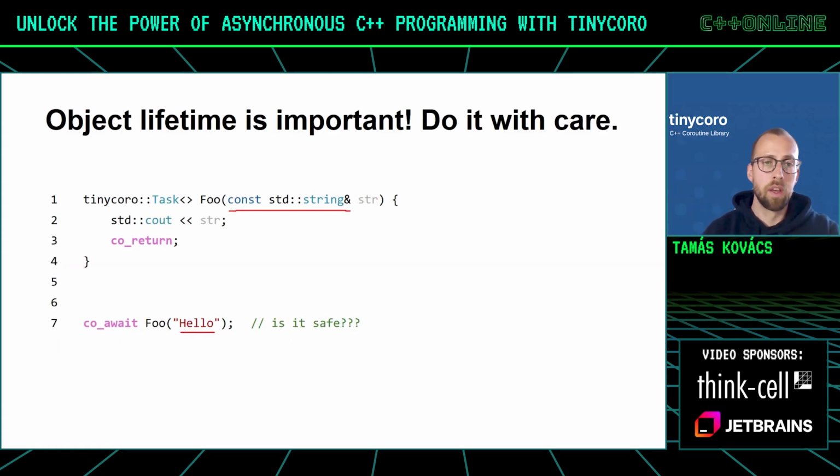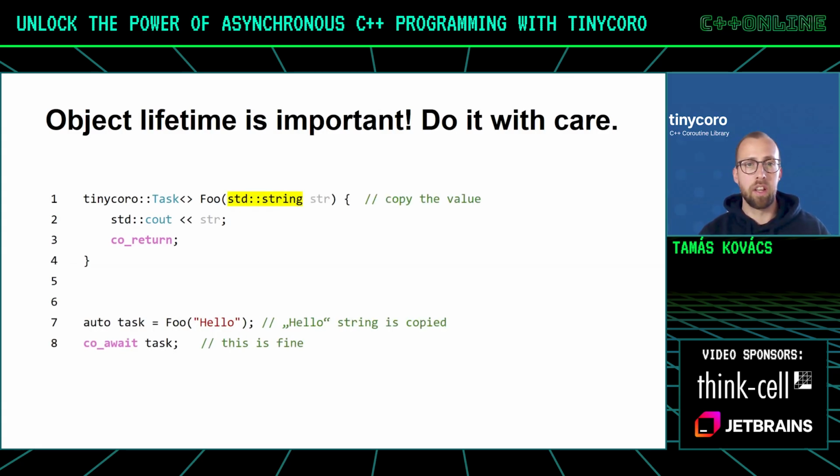But my general recommendation would be, anyway, if you can, please try to avoid pointer and reference semantics in your coroutine function parameters, and copy the value if you can. Because if you are copying the value, you are always on the safe side.